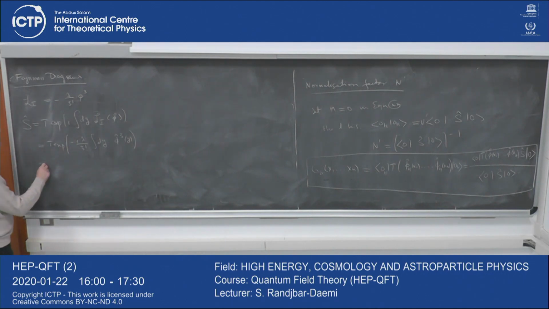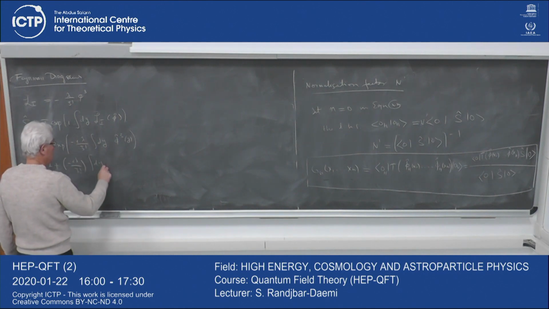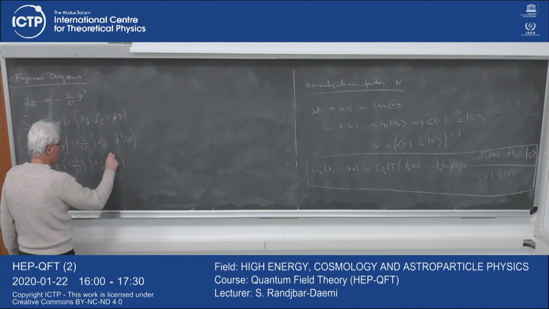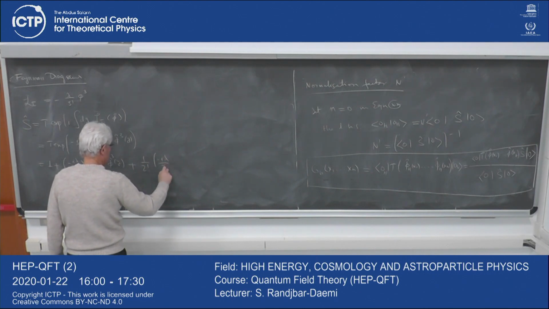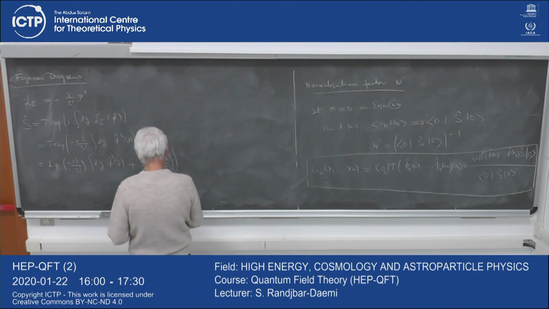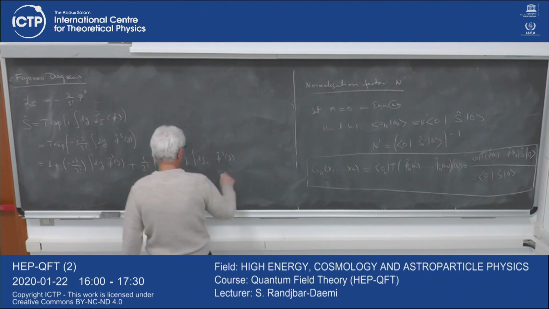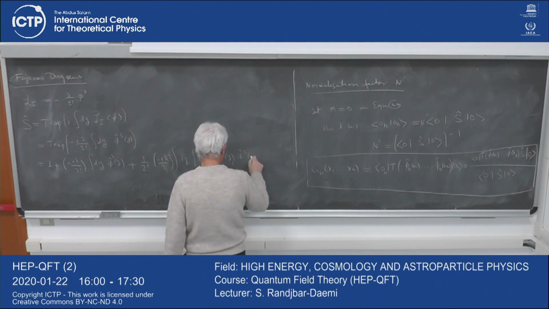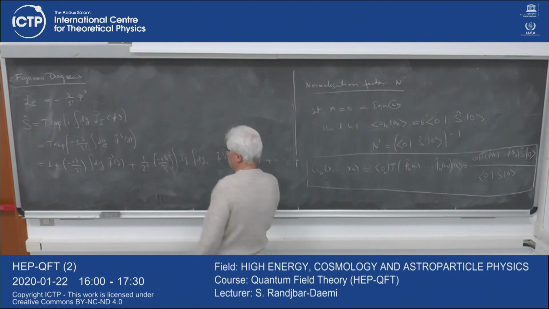The best you can do is to expand. It's 1 plus minus i lambda divided by 3 factorial, integral dy phi hat cubed of y, plus 1 over 2 factorial, minus i lambda over 3 factorial to the power 2, integral dy1 dy2, phi hat cubed of y1 phi hat cubed of y2, plus an infinite number of other terms.